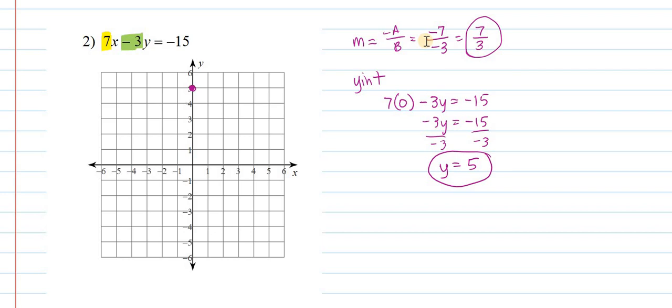So we can actually just do our slope, quote unquote, backwards by counting down 7, 1, 2, 3, 4, 5, 6, 7, and left 3, 1, 2, 3. So our second point ends up being there. We don't have space to do a third point, so connect your dots with a straight line, hopefully with a straight edge, and there is your graph.